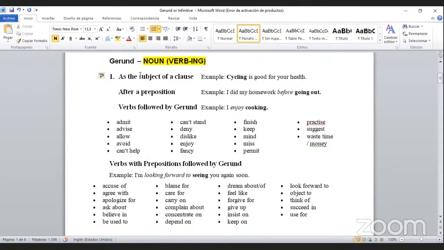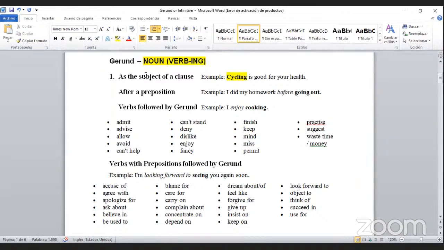For example, here, this is the gerund, cycling. It comes from the verb cycle, but for the gerund we don't put the e, we put ing, okay?